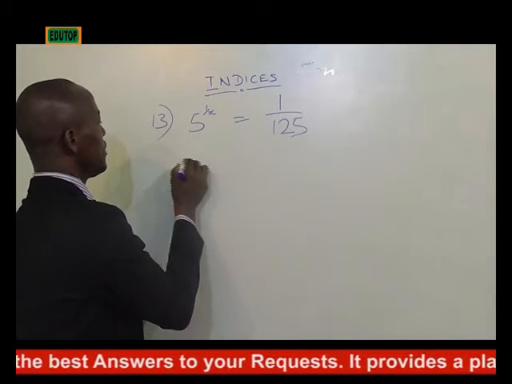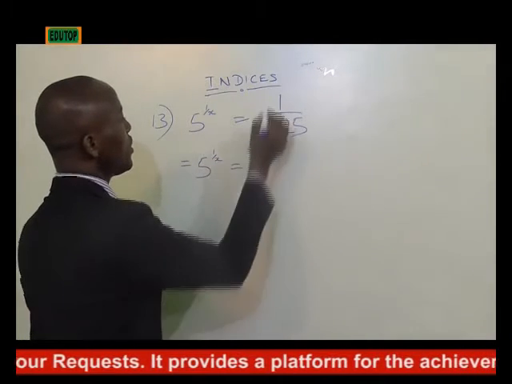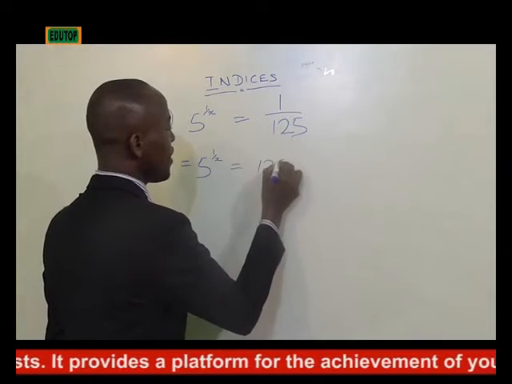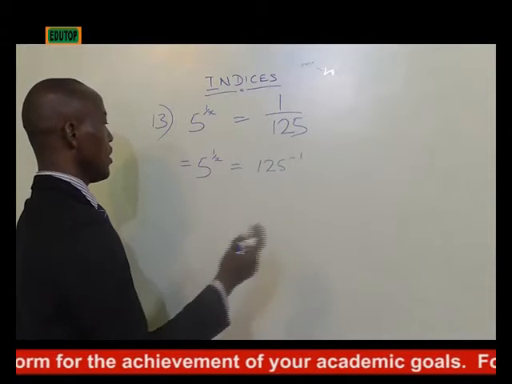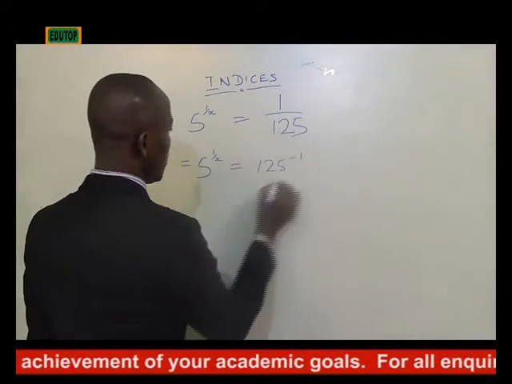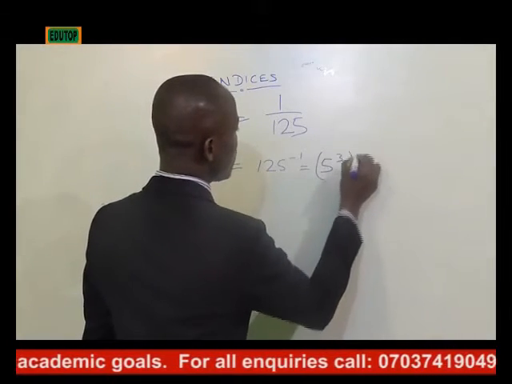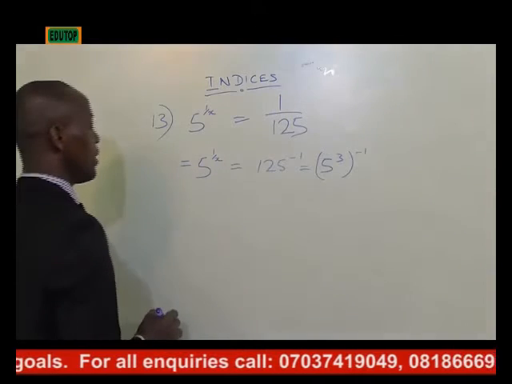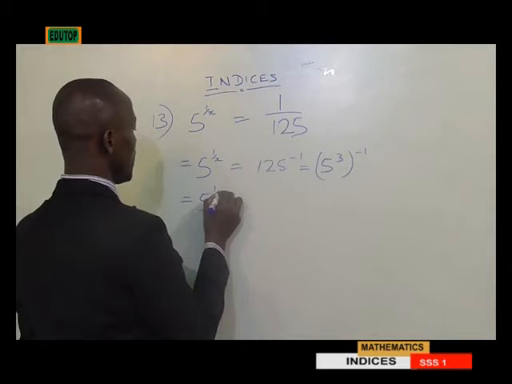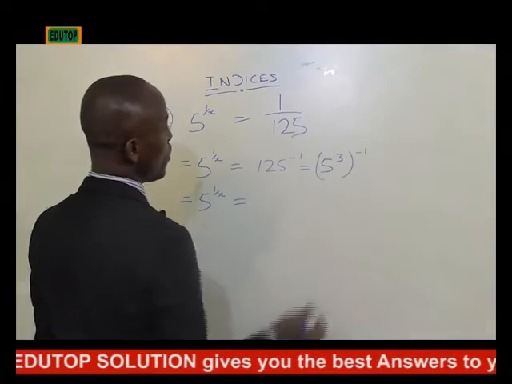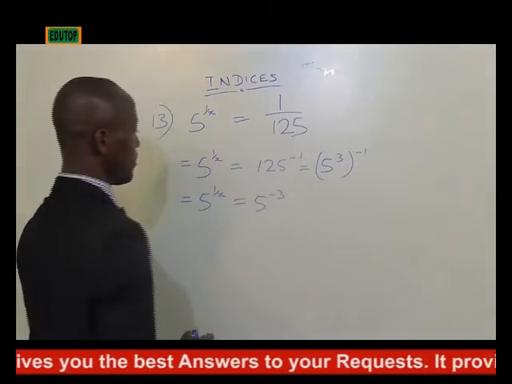Now, we're having something like this: 5 raised to power 1 over x is equal to what? 125 raised to power minus 1, so that our work can be easier, which is equal to 5 raised to power 3, all raised to the power minus 1. So we'll now be having 5 raised to the power 1 over x is equal to 3 times minus 1, that's minus 3, so 5 raised to the power minus 3.